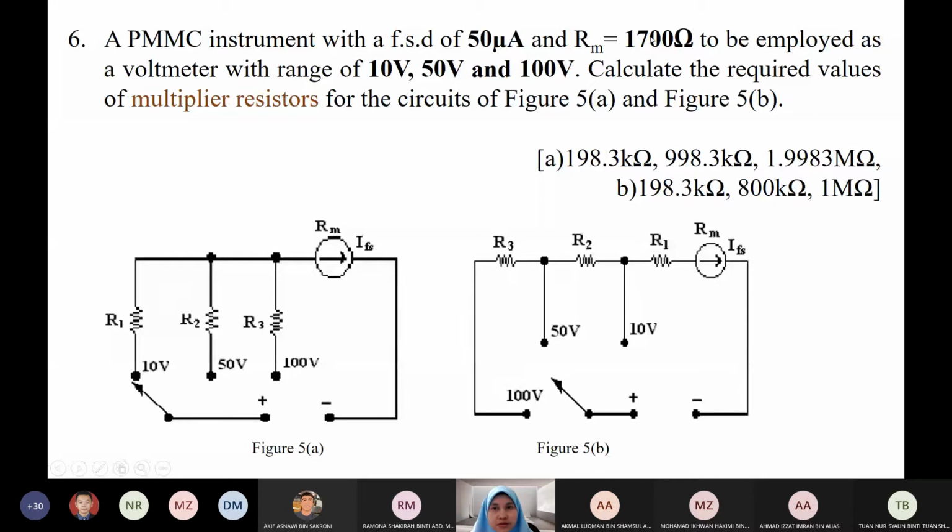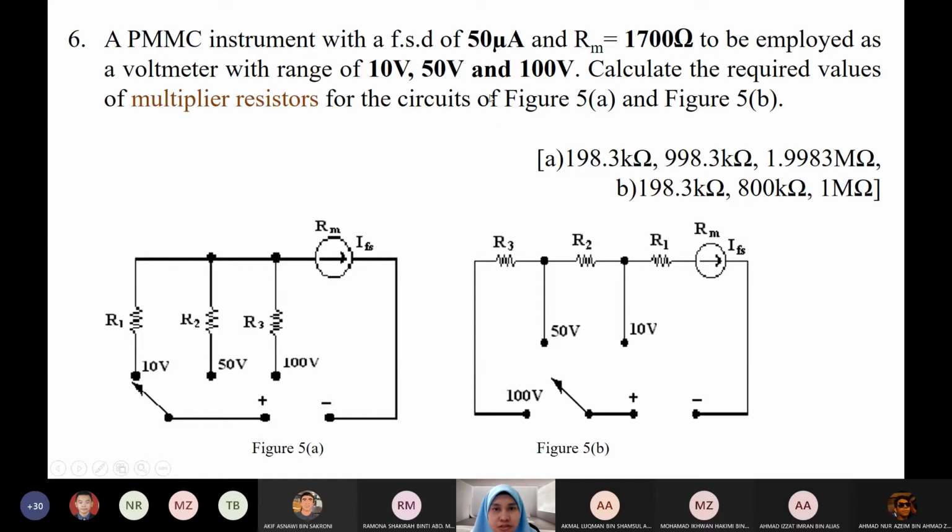And RM is 1700. It is to be employed as a voltmeter. So the PMMC instrument will be converted into a voltmeter by what? Putting in series. Yes, by adding series resistance or multiplier resistance, RS, to the circuit.